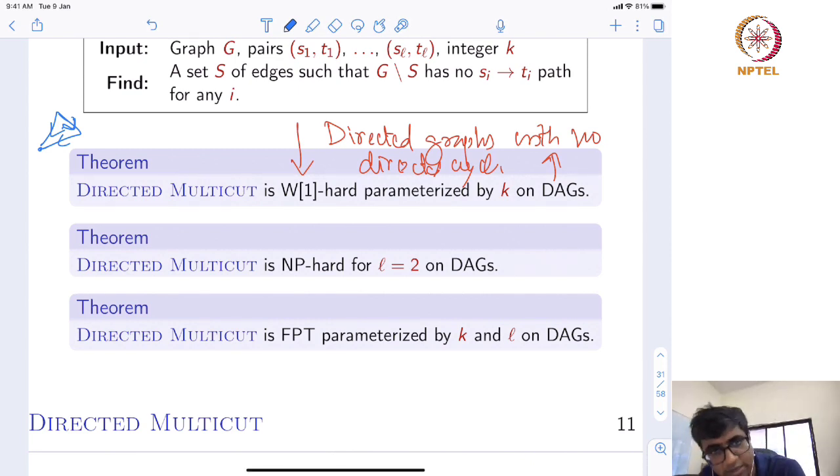in the sense of a directed graph. It is known that directed multicut is W1-hard parameterized by K even on directed acyclic graphs.